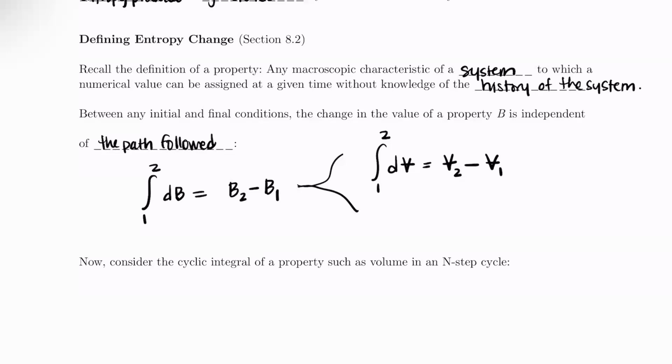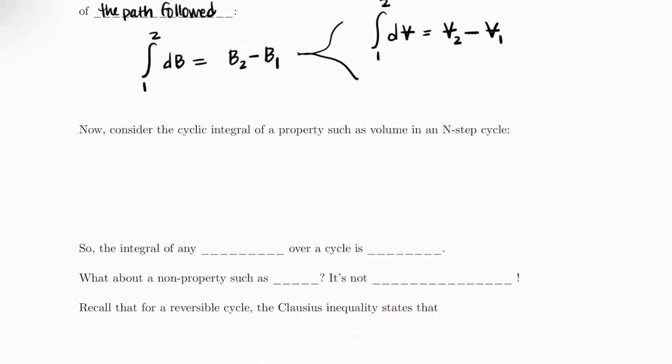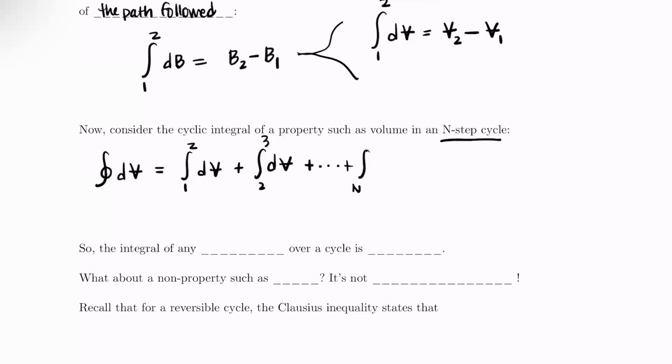So if we consider a property such as volume in an n-step cycle, what this is going to look like is the following. We have our cyclic integral of volume equal to the integral from 1 to 2 of dV plus the integral from 2 to 3 of dV. And then we keep going like this until we have the integral from state n minus 1 to state n of dV. And then last but not least, we need to go from state n back to state 1 because this is, of course, a cycle.